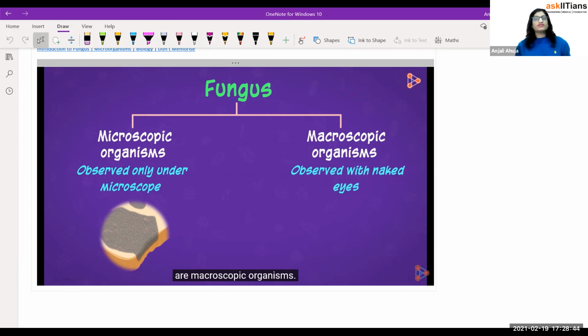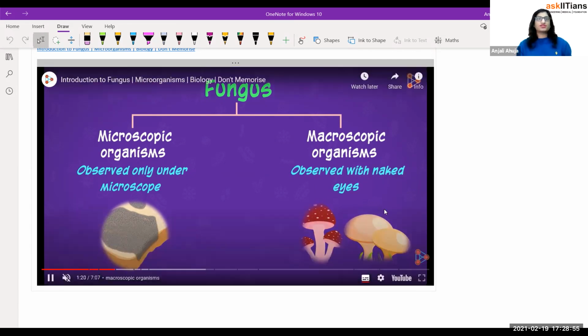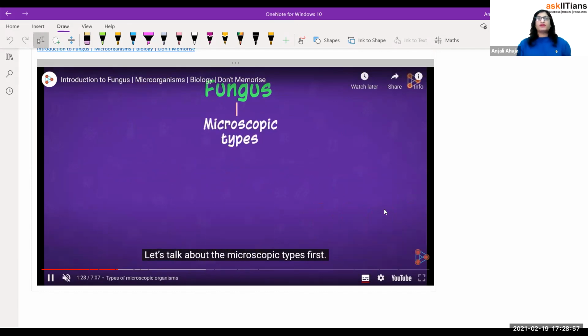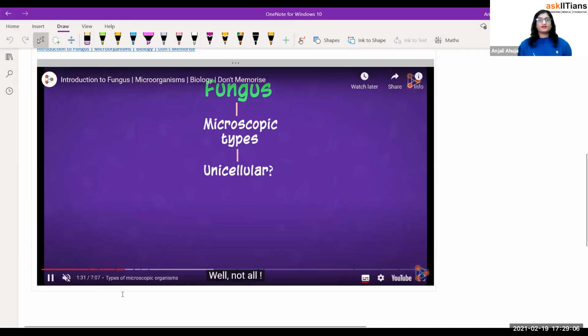But macro is observed with the naked eye. So the bigger structure that you literally see is the macroscopic one. Puff balls look like a mushroom. So the microscopic first they are talking about, and they're going to talk about the bread mold, and I'm pretty sure that they're going to explain spore formation in it.